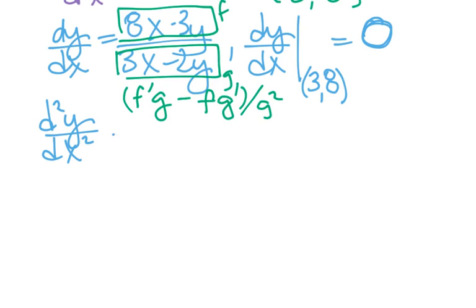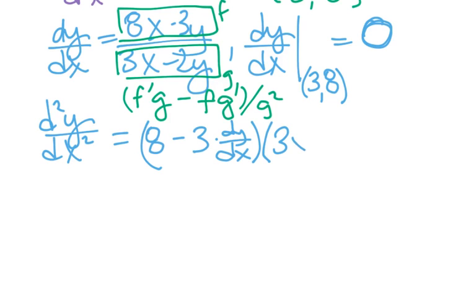Okay, so using 8x minus 3y as my f, I'm going to take the derivative of that. It is 8 minus 3 times dy/dx. And I'm going to multiply that by g, which was 3x minus 2y.